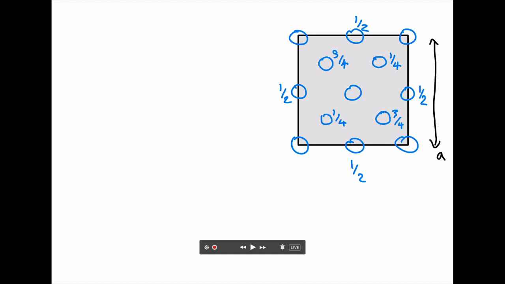Okay. Now we want to be able to relate the radius of these atoms to something about the unit cell. So if we look along the body diagonal, you should be able to convince yourself that there are 8 radii along the body diagonal.